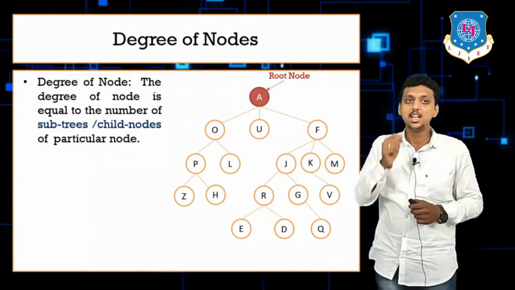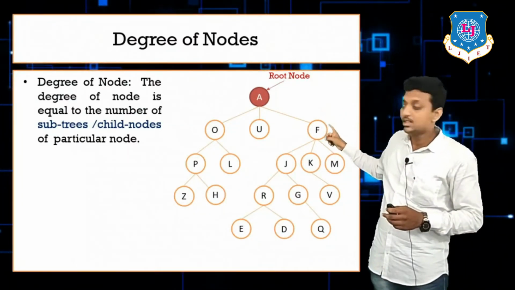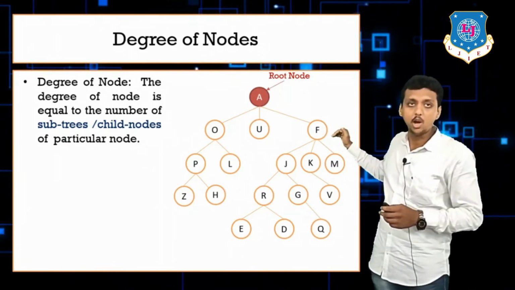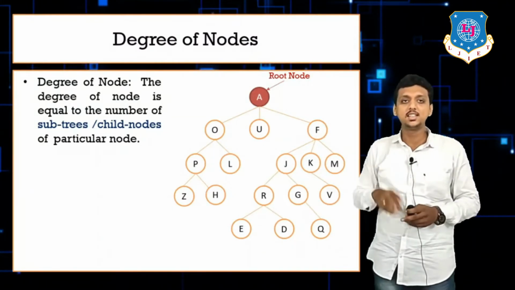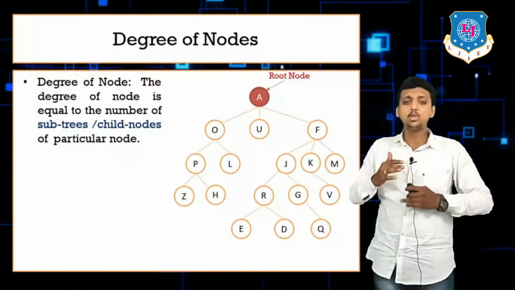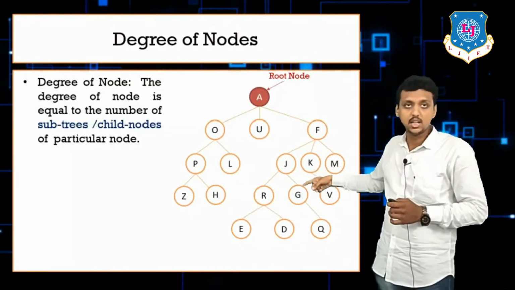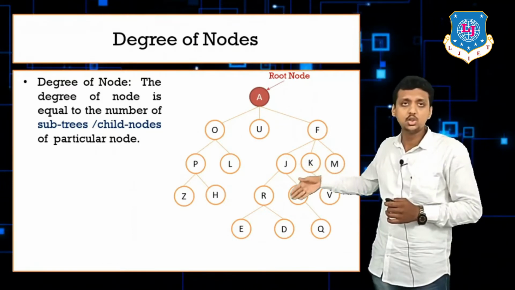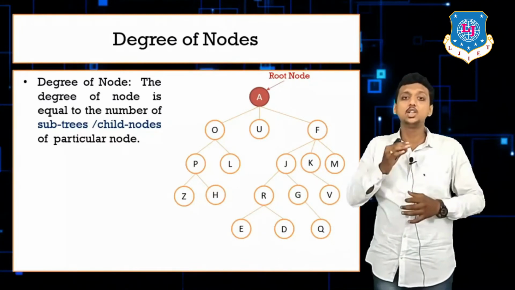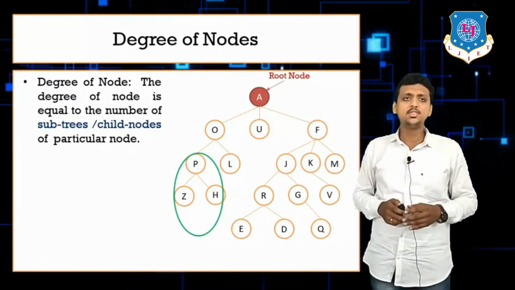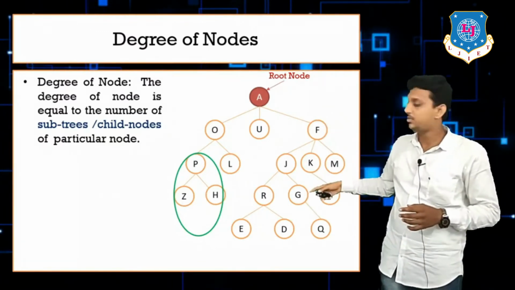Now once again, if I am talking about the node F, students, node F contains how many child nodes? 3 child nodes. That means F's degree is 3. Now if I am talking about another node, say R, R node contains how many child nodes? 2. So R's degree is 2. So here, the subtree means the whole part of the node.